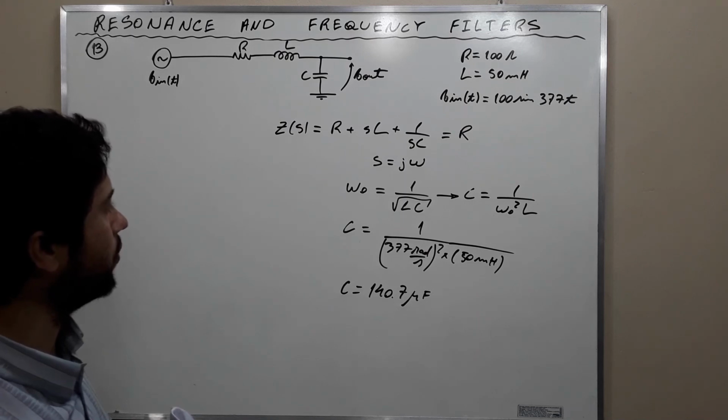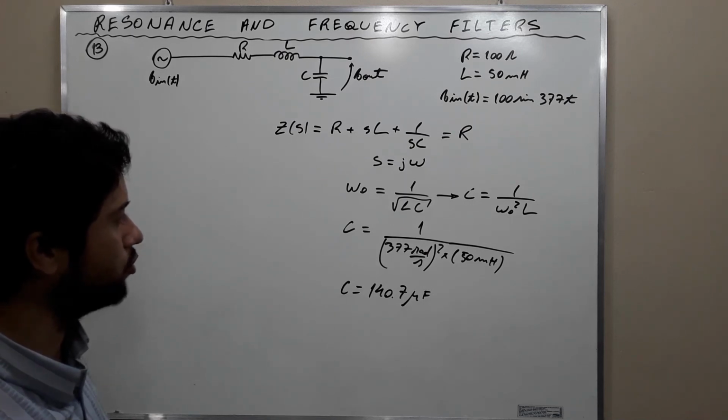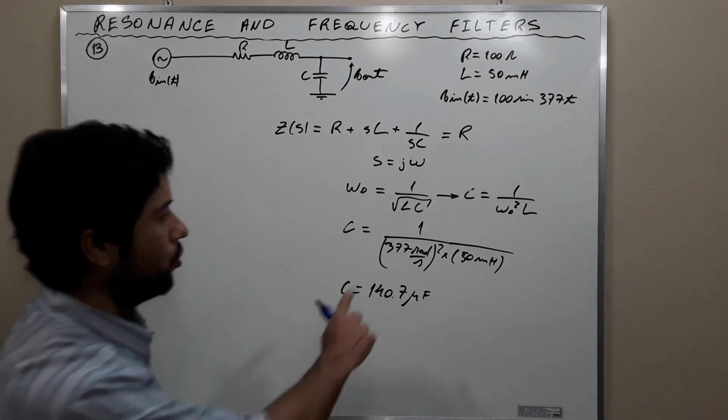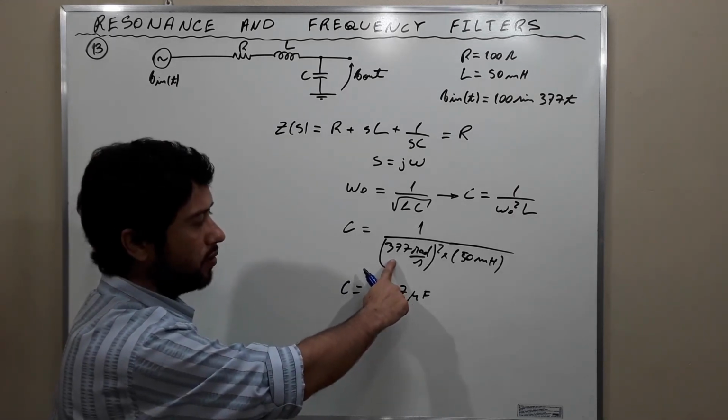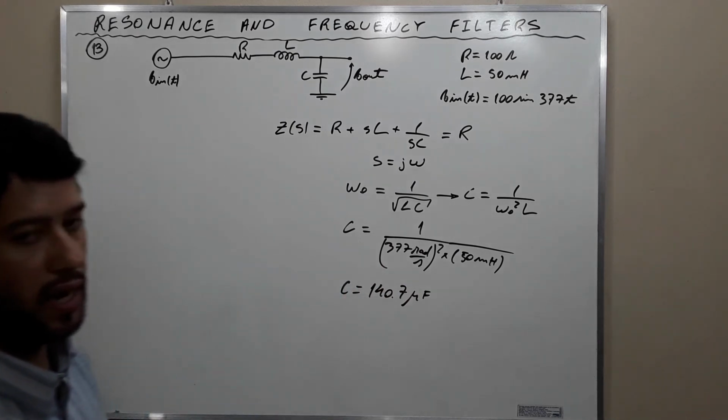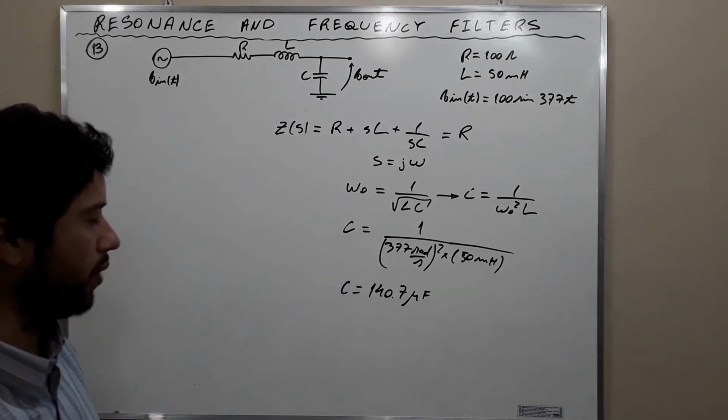This is the frequency of the power supply, 377 radians per second, the angular frequency of the power supply.